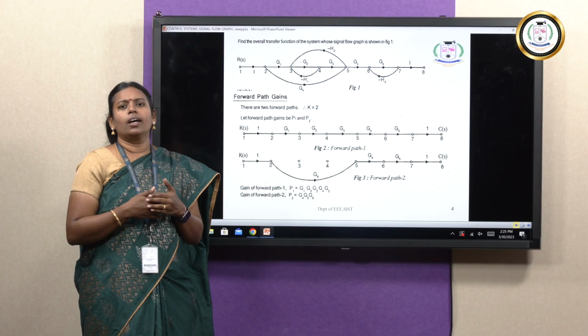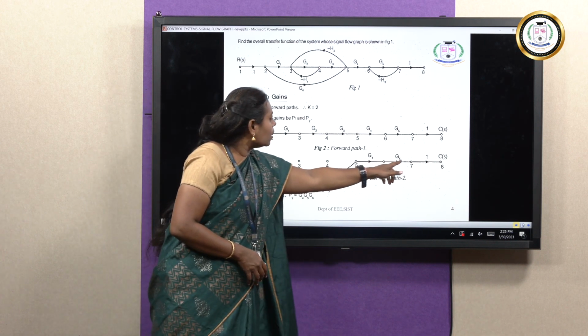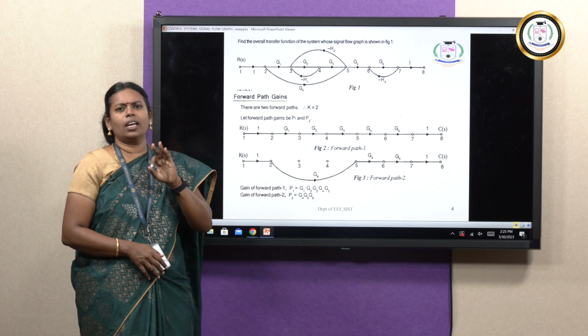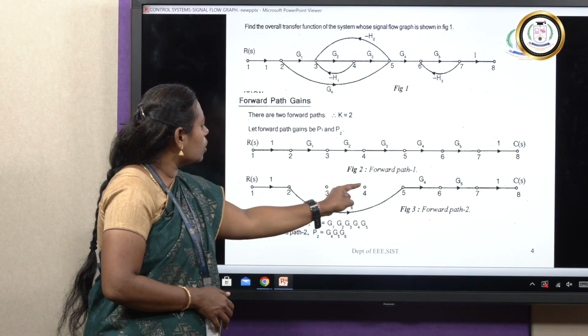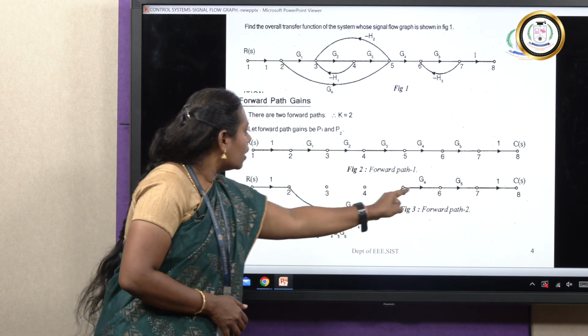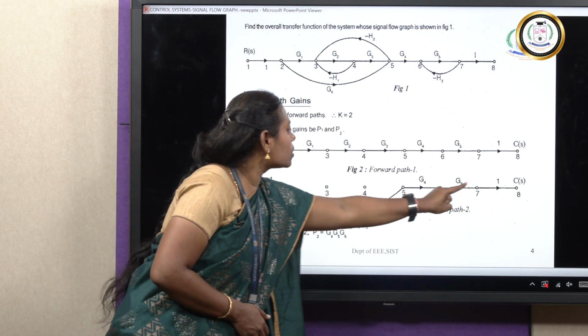Next, we are going for del 2. Del 2 means this is your second forward path. In this second forward path, you have three individual loops. Check the loops 3 and 4. 3 and 4 is not touching this forward path. The second forward path goes through 1, 2, 5, 6, 7, 8.